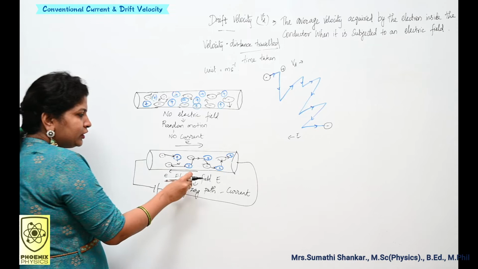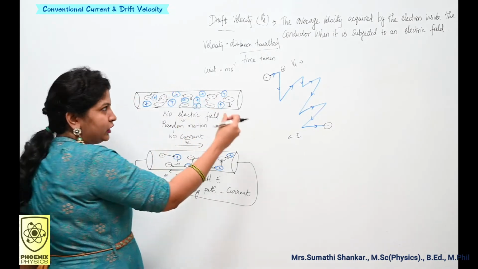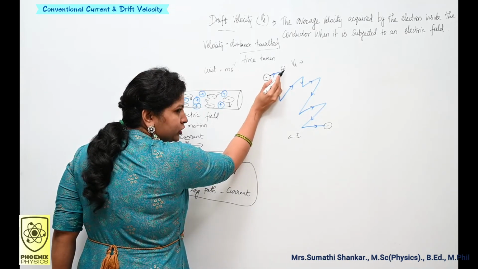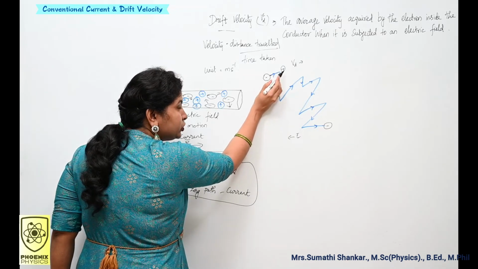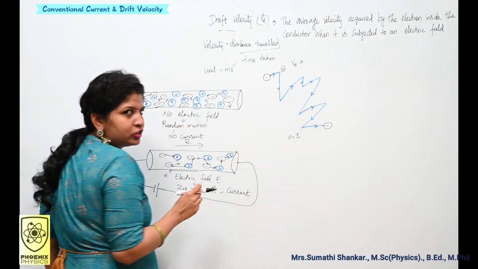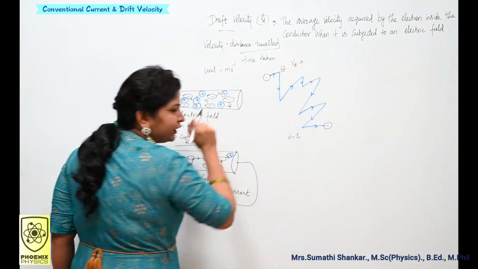How? This electric field E accelerates the electrons. So, they collide with the positive ions. Due to this collision, the direction of motion of the electron will change. We get a zigzag path of the electron.